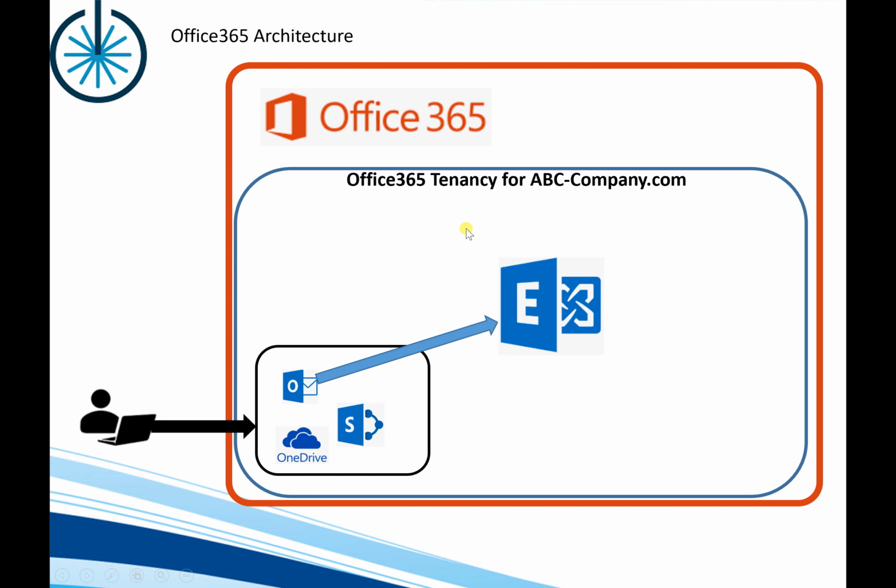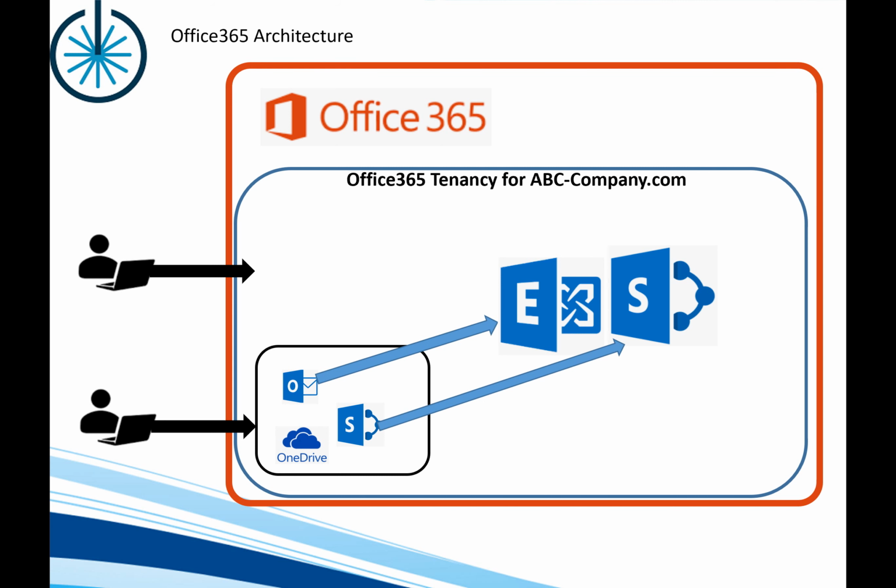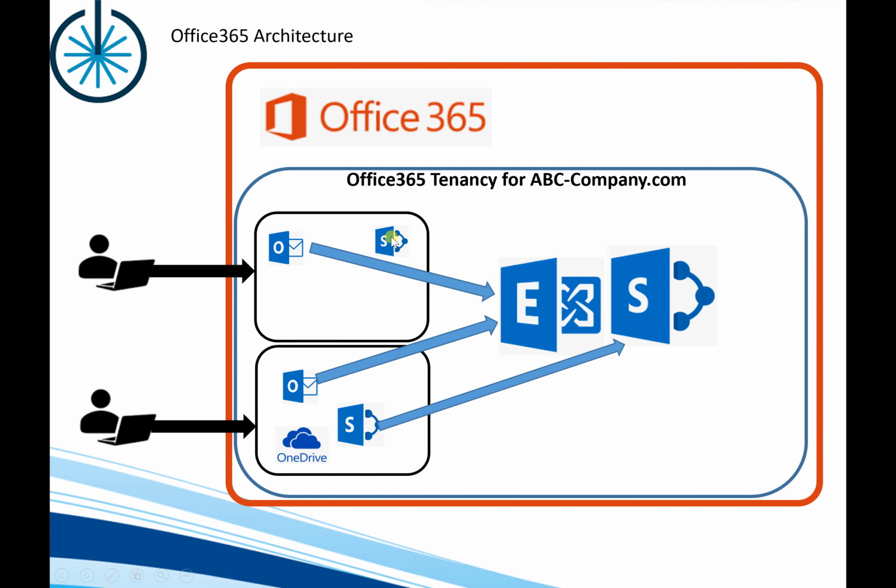And I'll touch on that in a second. I also may go to my SharePoint, and my SharePoint will also go to my company's SharePoint. So if there's another user logging into his or her user, he or she will also access Outlook, which connects to our company's Exchange email services, and he or she will go through SharePoint to access our company's SharePoint resources.